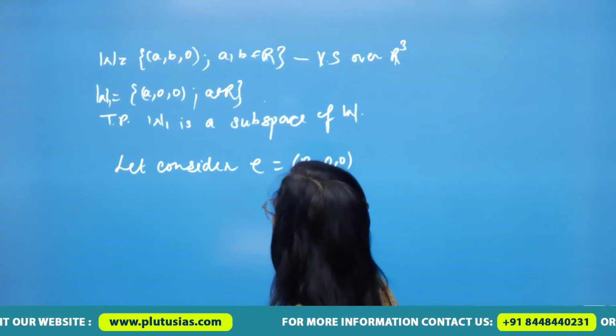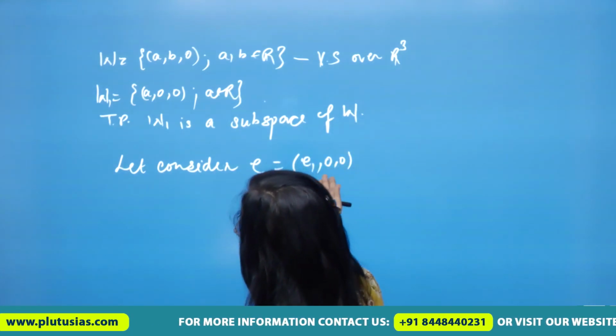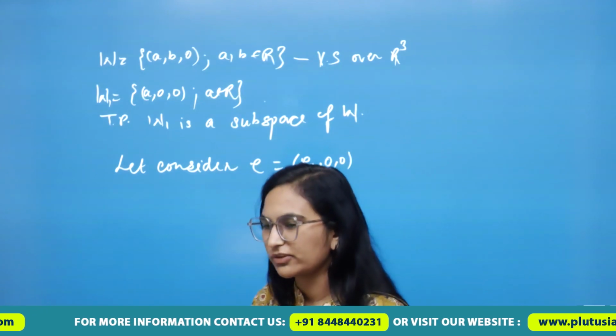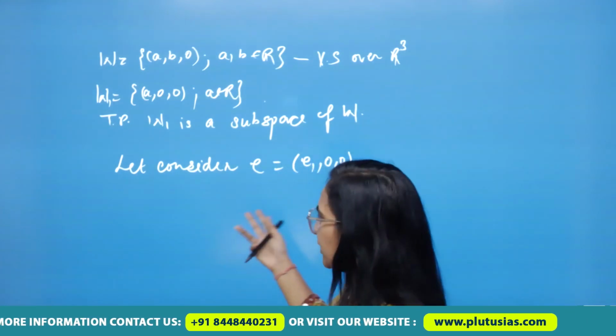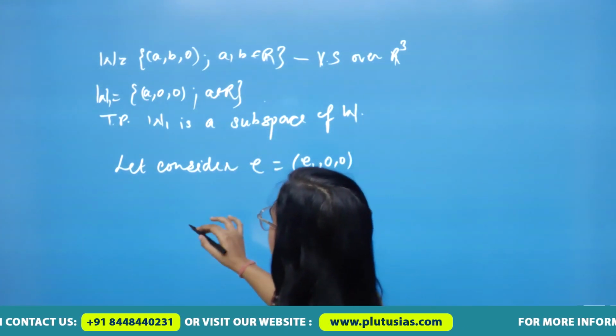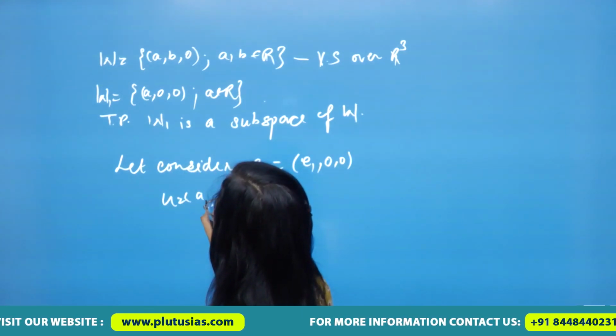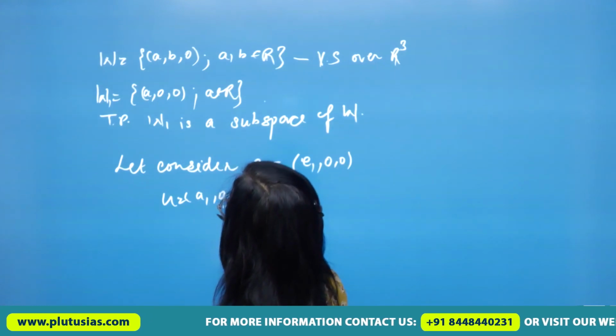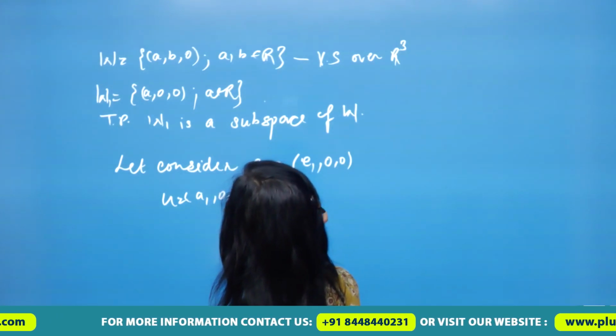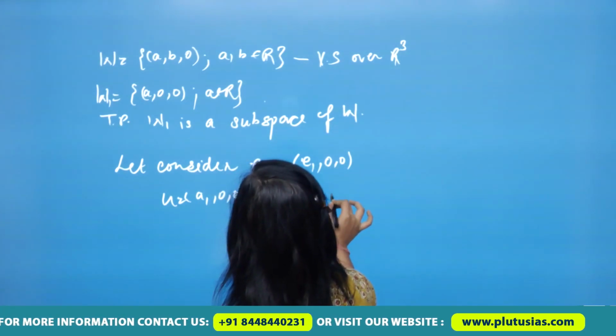Now what is the property of identity? We need to find out e1, and I have told you how to find e1. We'll take any element, say u, it would be (a1, 0, 0), and u plus e should be equal to u.